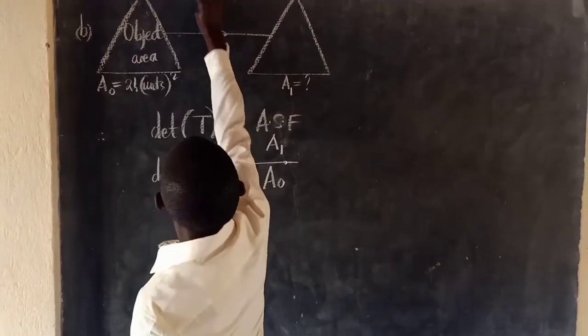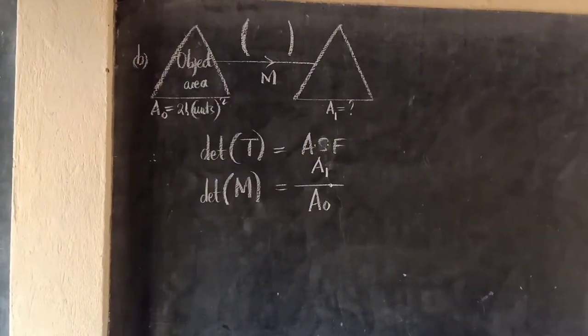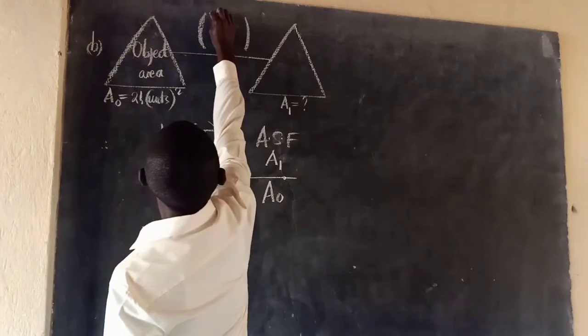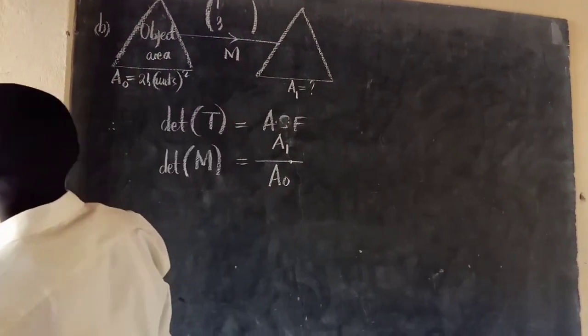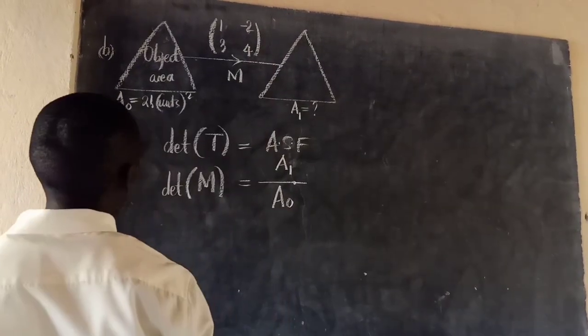Now, we are told that M is 1, 3, negative 2, 4. That is the matrix M.